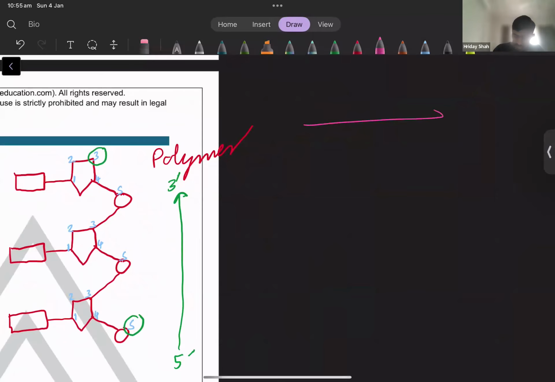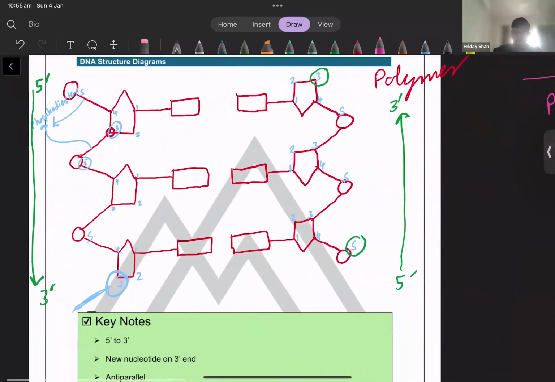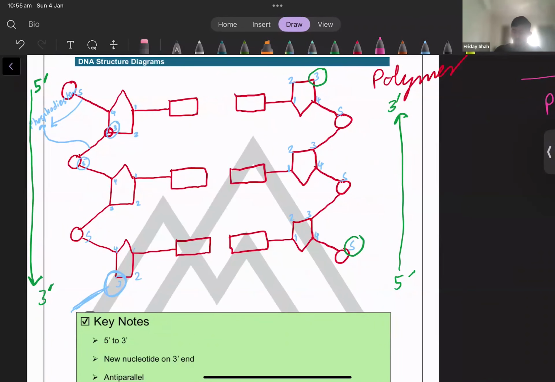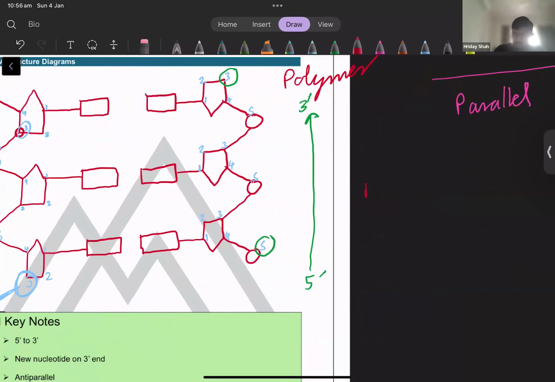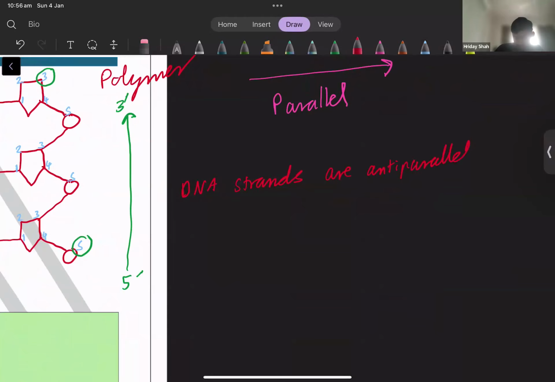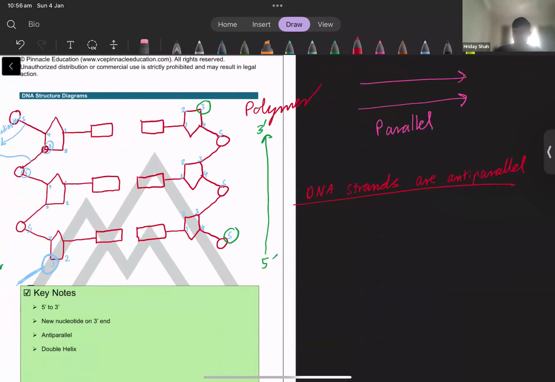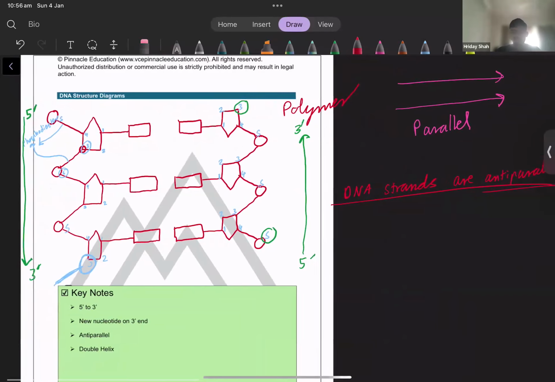Now, if they are going in the same direction, this is a mathematical term, but you can call those lines parallel. Now, for biology, they're going in different directions. So rather than saying they're parallel, we say the DNA strands are anti-parallel. So parallel because they're still aligned, but anti because they're going in different directions.